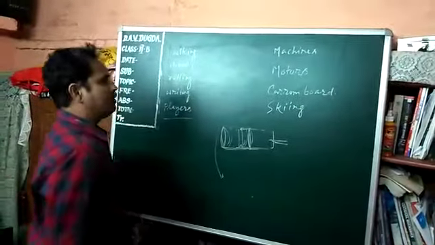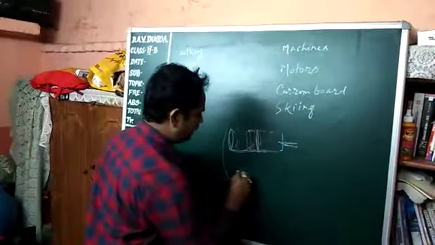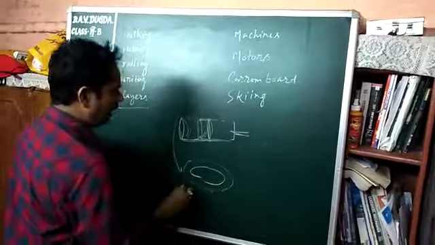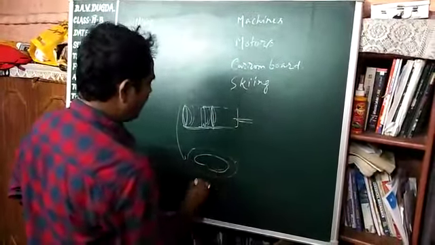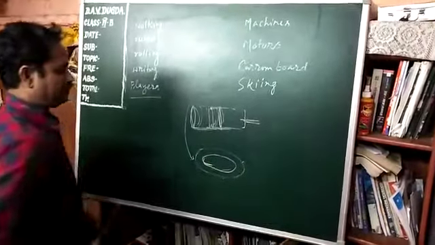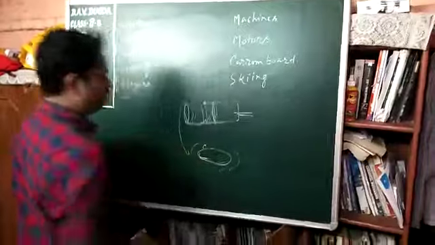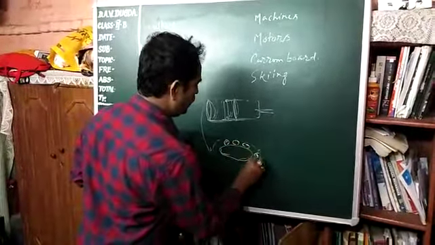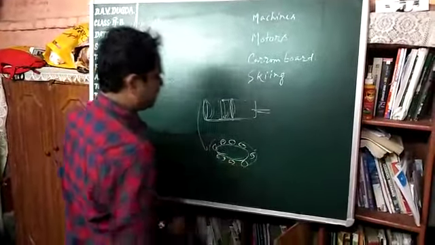And to reduce the friction in a motor, we have seen that there are two cylinders, one cylinder rotates and one cylinder remains fixed. In this case, to reduce friction, we use ball bearings.